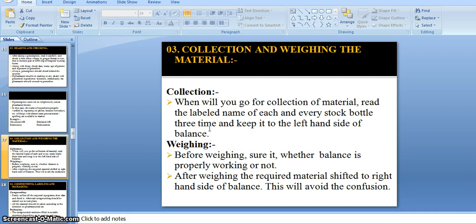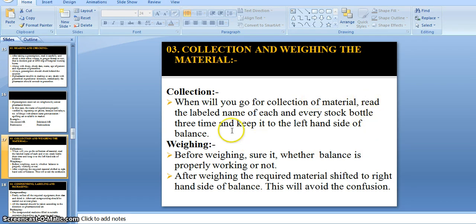Means whenever the pharmacist goes for collecting the materials written on the prescription by the doctor, first properly read the label name of each and every stock bottle 3 times. After that, it should be kept on the left hand side of the balance.